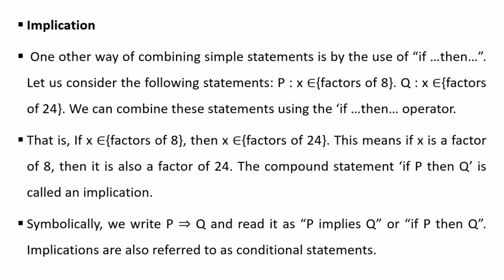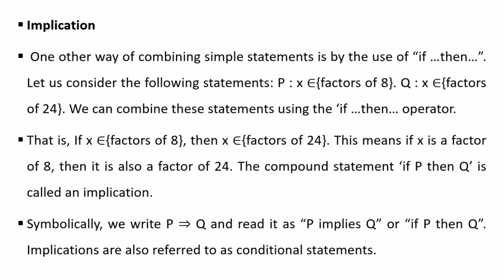Implication. One other way of combining simple statements is by the use of if. If this, then that. So that's implication. Now let's consider the statements: S belongs to factors of 8, then S belongs to factors of 24. We can combine these statements using if this, then that.